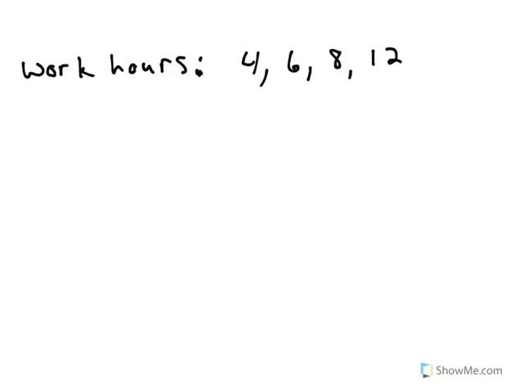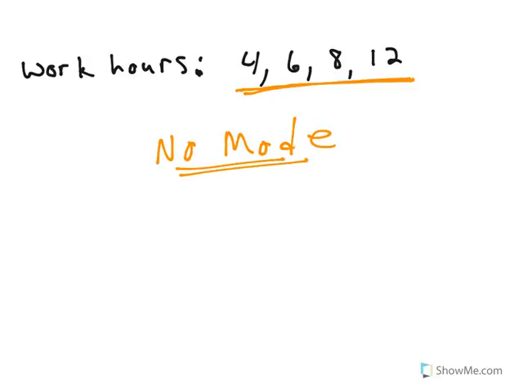Another example of mode: when all values occur the same number of times, there is no mode. You must have at least one value that occurs more often than the others.